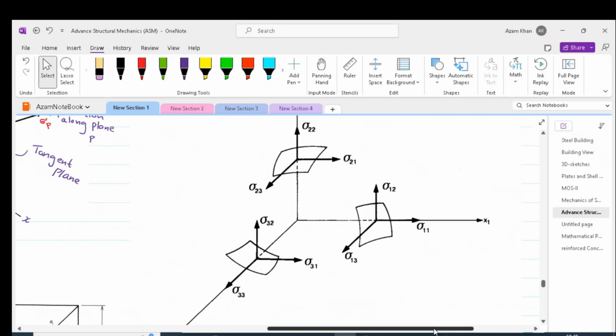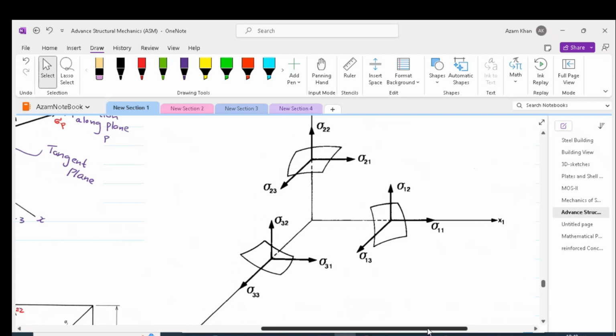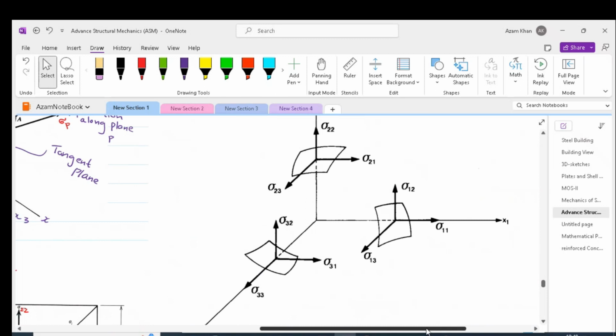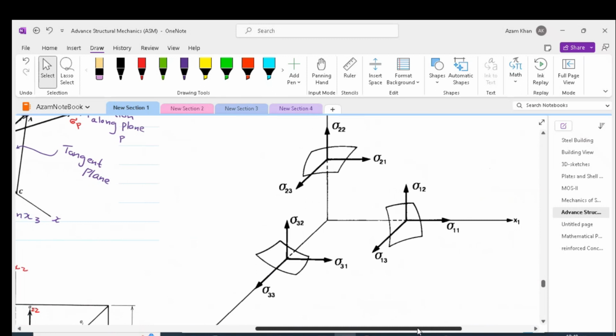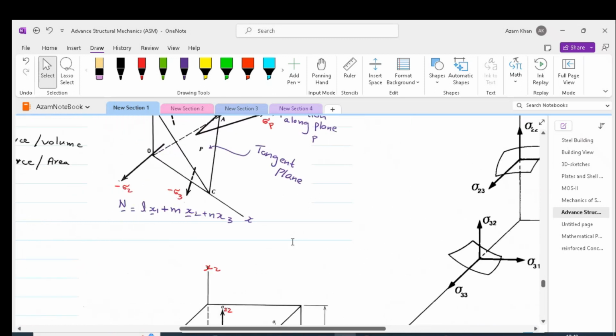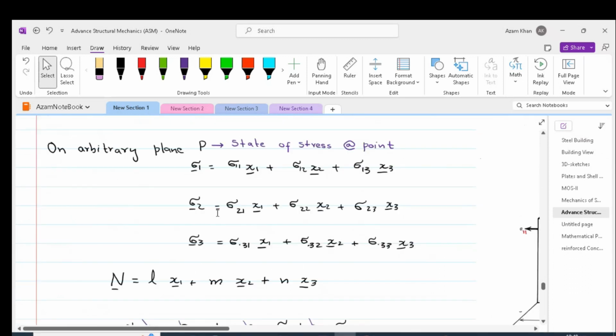A similar argument can be made for sigma 2 and sigma 3 on the planes that are perpendicular to x2 and x3 respectively. Hence, sigma 2 is written as sigma 21 x1 plus sigma 22 x2 plus sigma 23 x3, and sigma 3 is written as sigma 31 x1 plus sigma 32 x2 plus sigma 33 x3.